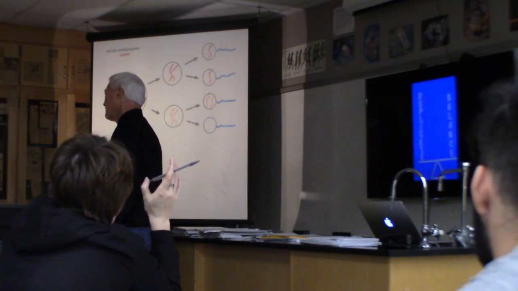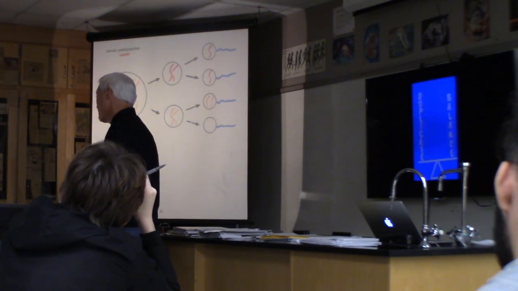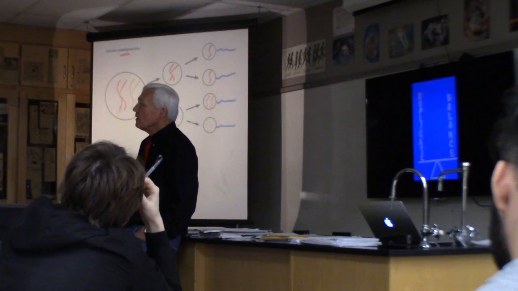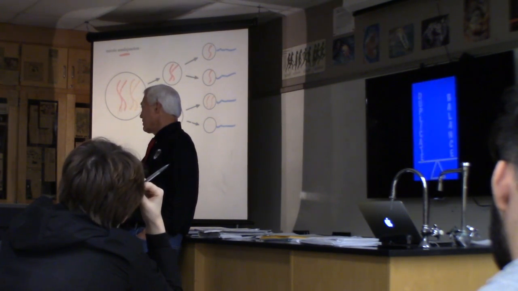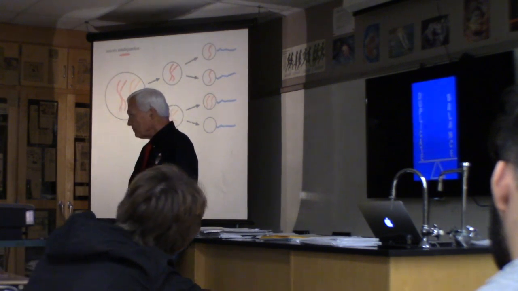Now, what if you caught it in an embryo? What if you caught it when it was a fertilized egg, in in vitro fertilization in a petri dish in the lab?